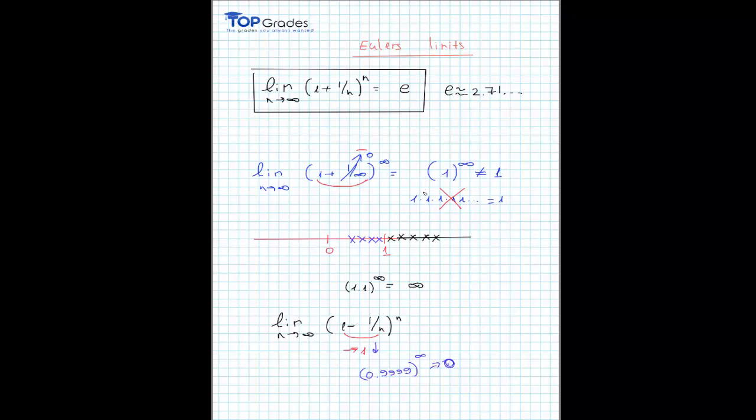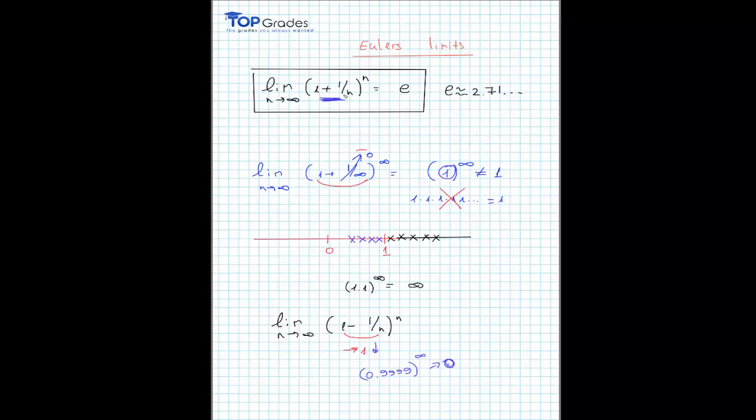If we understand that the number here is not exactly equal to 1 but reaches 1, we will never say it's 1. So let's come back to why it's e. It's kind of hard to prove why the limit here is e at this point, but as you can see, strange things can happen. When the number is a little bit bigger than 1, it goes to infinity. When it is a little bit smaller than 1, it goes to 0.